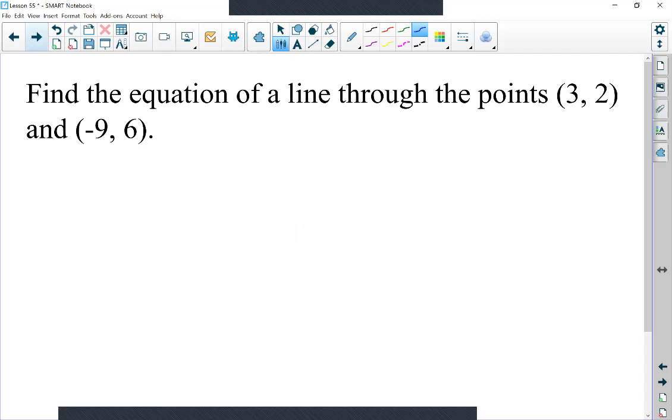So for today's lesson, your problems are going to look like this. Find the equation of a line through the points 3, 2, and negative 9, 6.